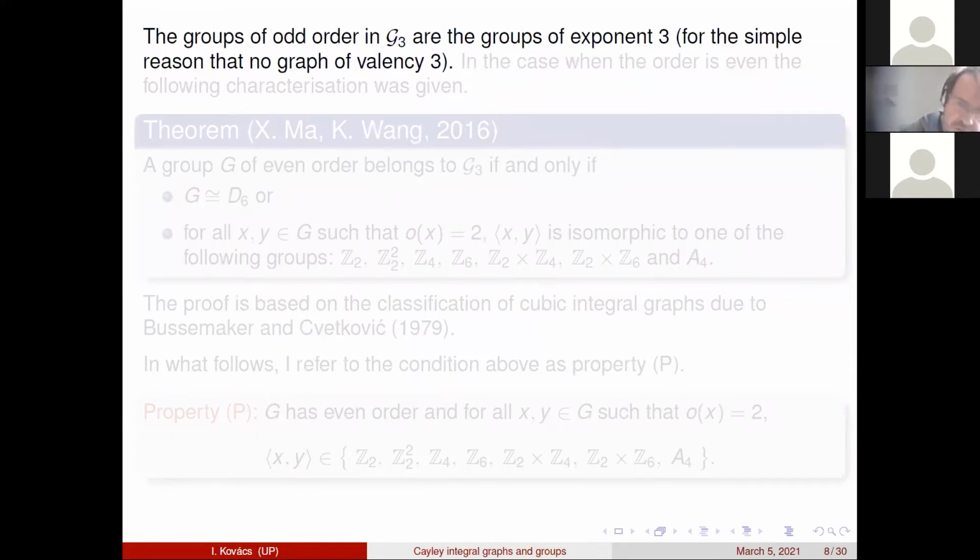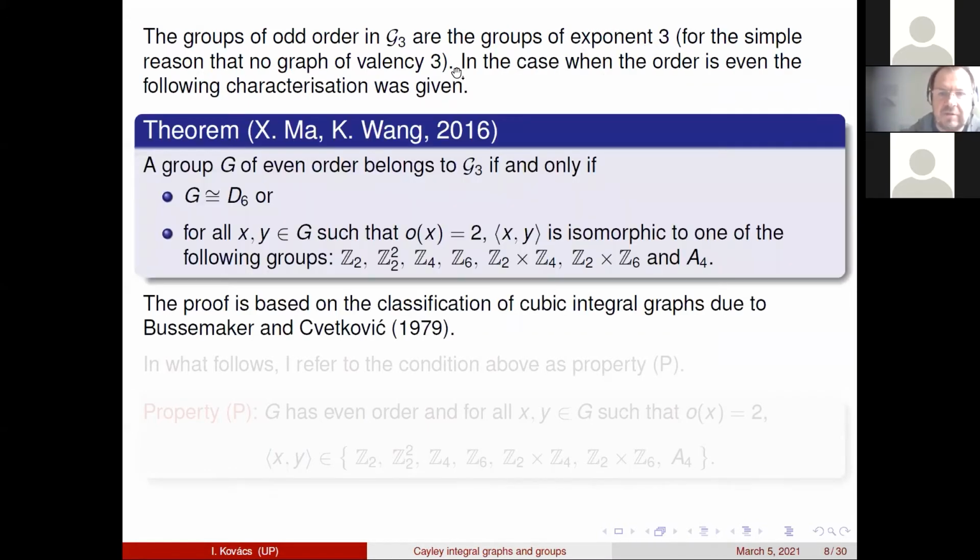So first, an easy or trivial observation about G3: if you have an odd order group in G3, then this should be just an exponent 3 group, because the number of vertices is an odd number, so the valency cannot be 3 in that case. So you just get the G2 class back.